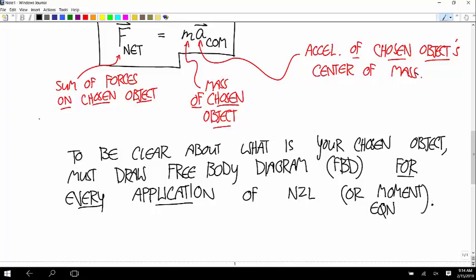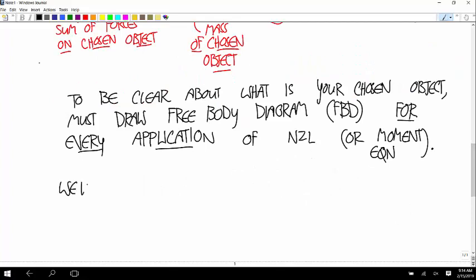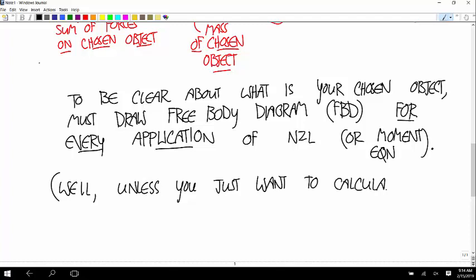Well, there's one time, unless you just want to calculate the net force. If you don't care about any of the individual forces, then there's not really any benefit in drawing a free body diagram. You can, but it's going to always look the same. It's going to be a blob in the shape of your thing with a net force drawn on it, if you're not separating it up into individual things.